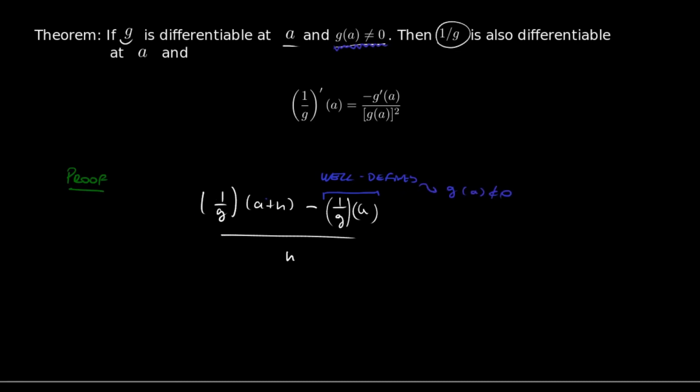But we don't have that necessarily for g of a plus h. But there is something we can do about this. So g is differentiable. That is this hypothesis. Then we saw in a previous video that differentiability implied continuity. So then g is continuous at a.